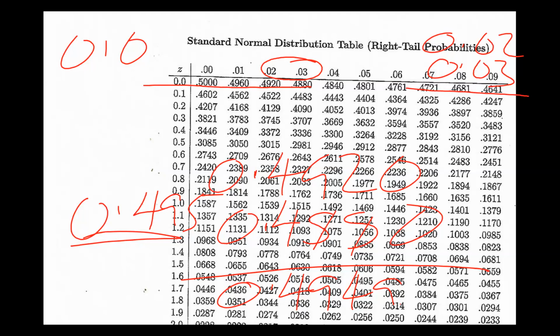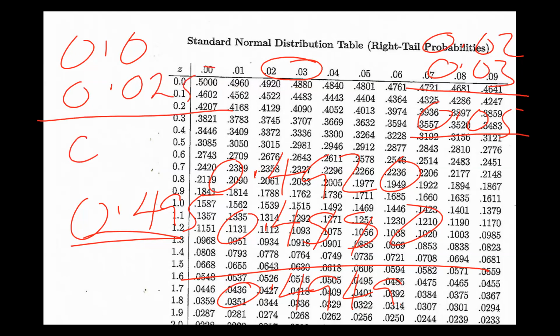You average those which are on top as well. 0.05 divided by 2 is 0.025. So 0.025 is your Z.